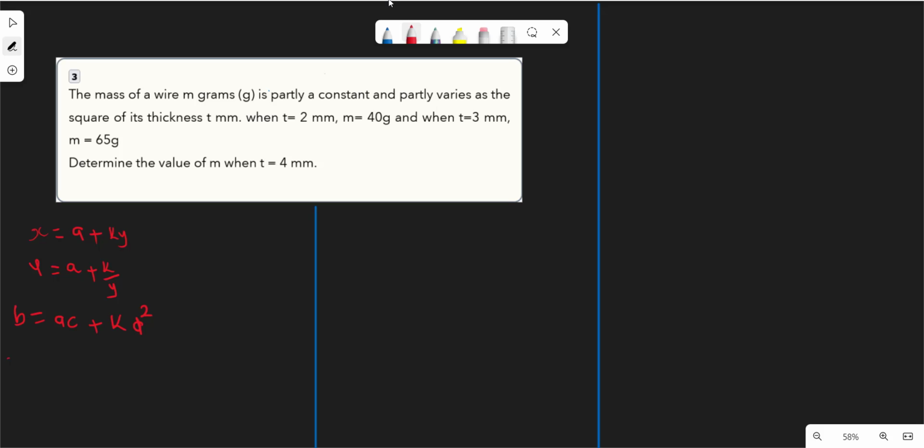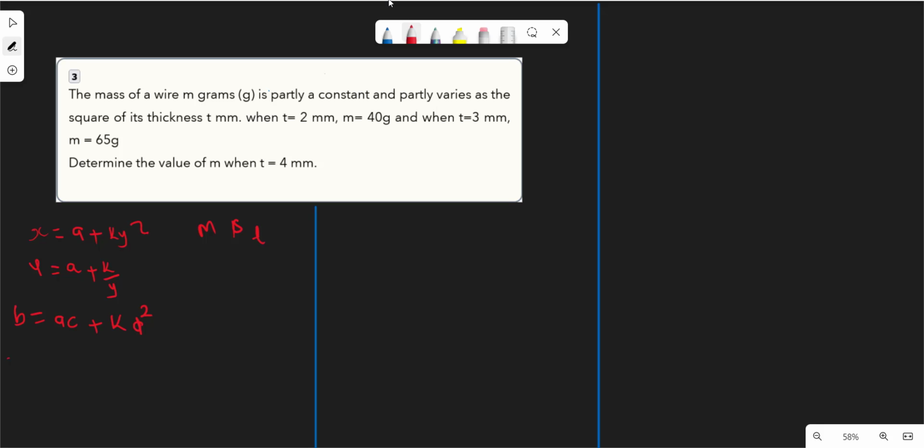Now we can proceed to this question. Read this question carefully and see which kind of partial variation it is. The mass of a wire, m gram, is partly constant and partly varies as a square of its thickness t. So let us put the mass m and the thickness t.